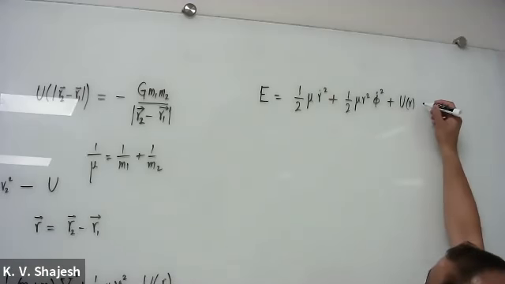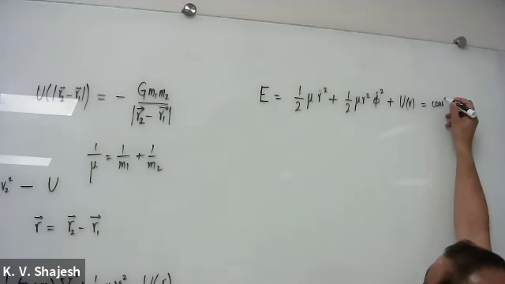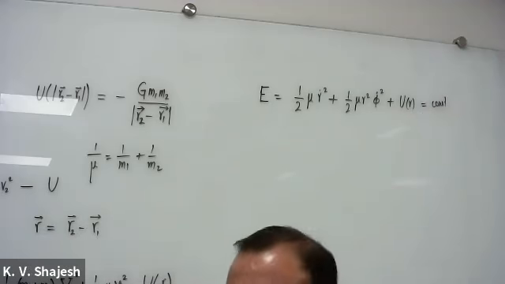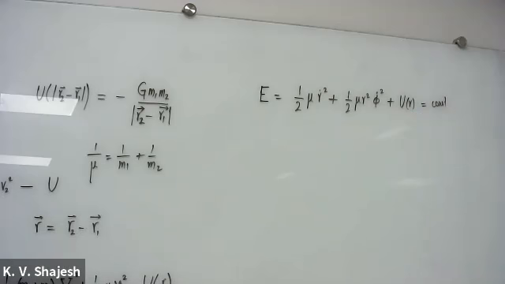Right? That means the total derivative of E is zero. So let me take this.